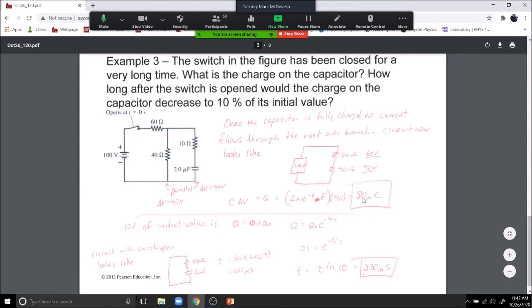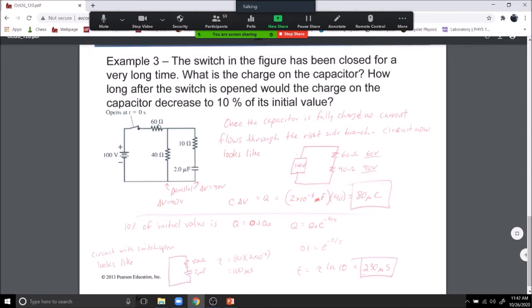Now, at the top here we have a 60 ohm resistor. After a long enough time passes, any current that remains is going to cease to flow through the right-hand side, because once you load this up, there's no current that can flow through here.